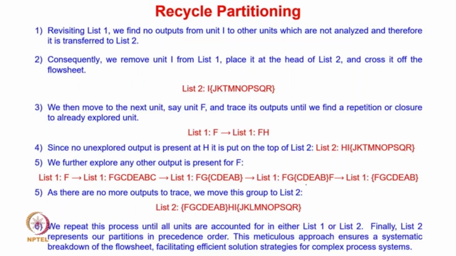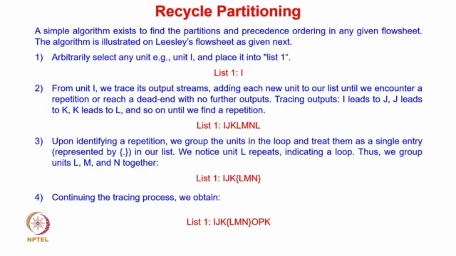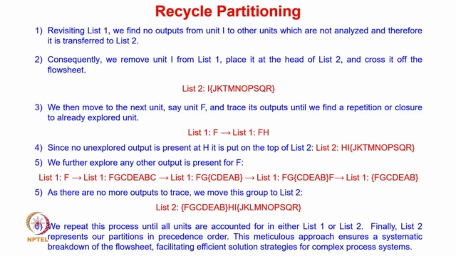Again after this group there is an F which is an output. So this entire thing which I have clubbed, from this I can go to F again. So then there will be F also at the end. So C, D, E, A, B, and F is there, and F is common here. So clearly we have to take F, G, C, D, E, A, B as one single group.